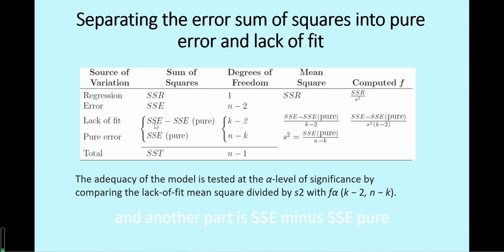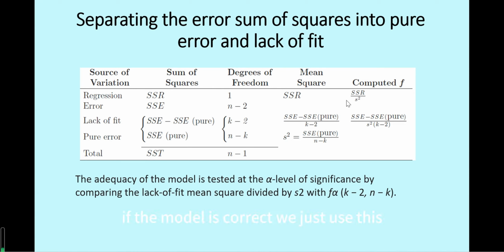Another part is SSE minus SSE pure. This is the lack of fit term. These are their corresponding degrees of freedom, and each term is divided by its corresponding degrees of freedom. In a correct model, we can use these two for the F value.